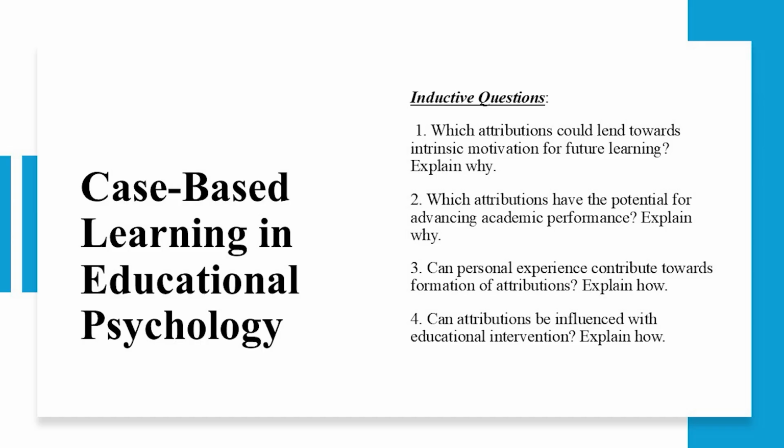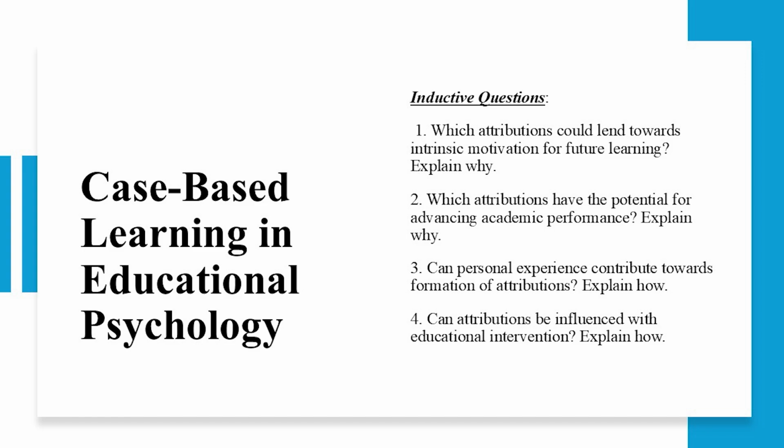Which attributions could lend towards intrinsic motivation for future learning? Explain why. Which attributions have the potential for advancing academic performance? Explain why. Can personal experience contribute towards formation of attributions? Explain why. Can attributions be influenced by educational interventions?